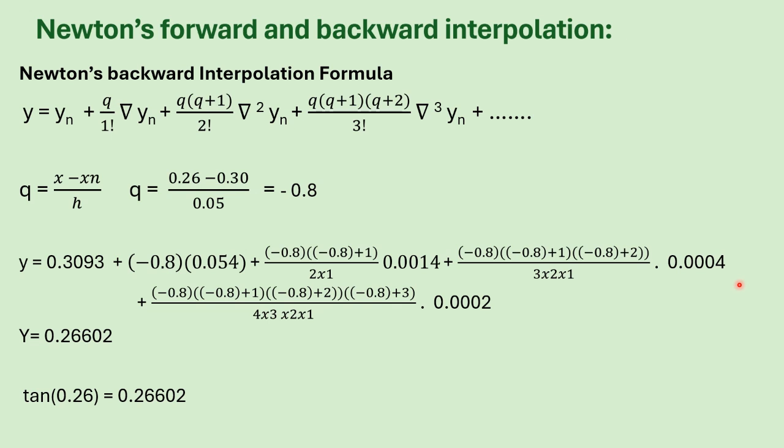Now plus q plus 1, q plus 2, q plus 3 divided by factorial 4, which is 4 into 3 into 2 into 1, into nabla to the power 4 yn, which is this value. On simplification, we get y is equal to 0.26602. So the interpolated value is this. This is the answer.